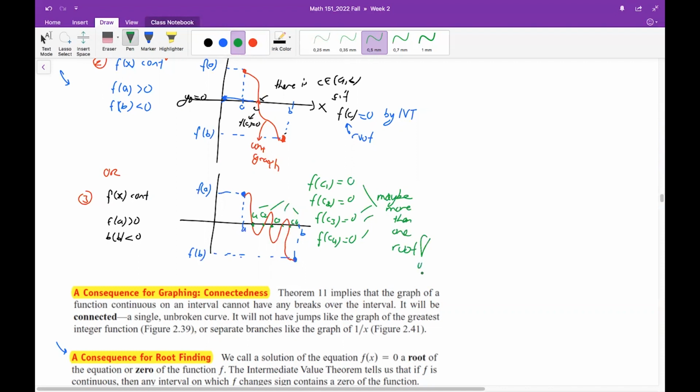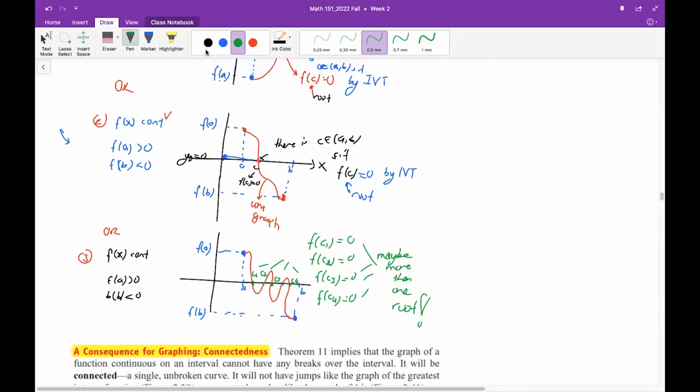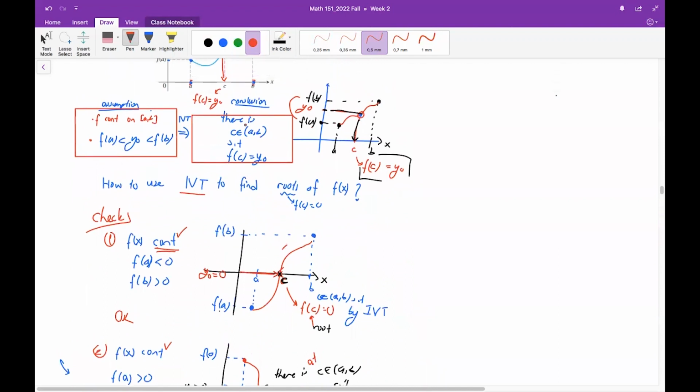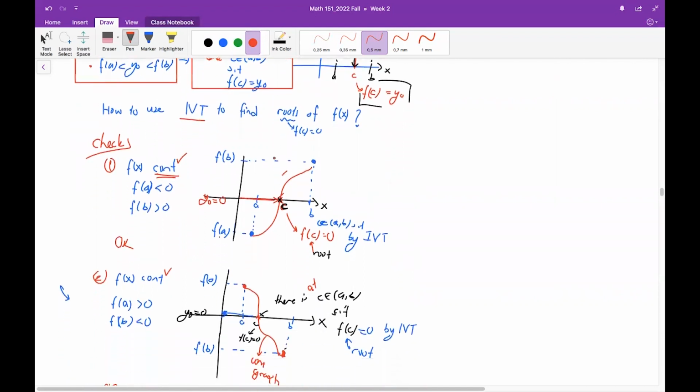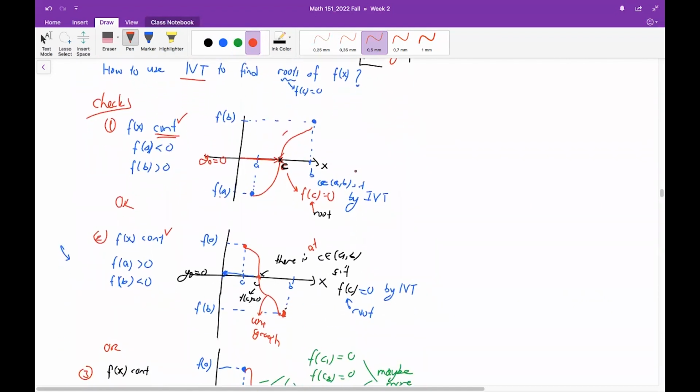Don't forget this. But what the intermediate value theorem makes sure for you is that there is at least one. That's why in the statement, we need to add here, there is at least one number c between a and b such that f(c) is 0 in these two cases.